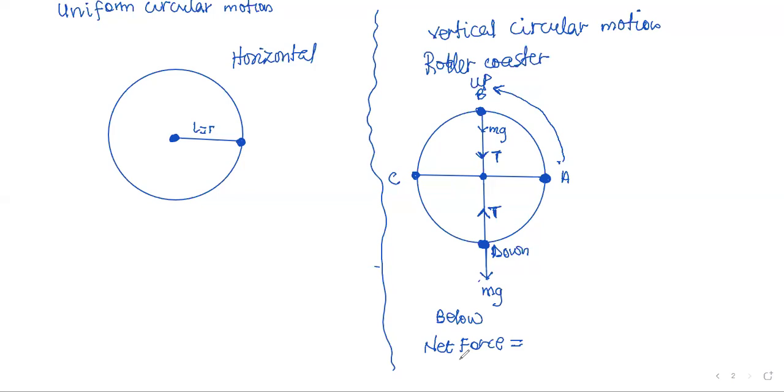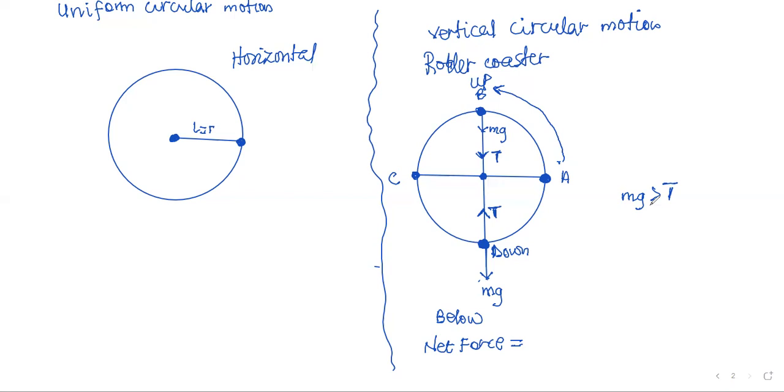Okay. Now, let me also come in. When it's below and mg is greater than the tension in the string, what will happen? The string will stay down. So the net force will be mg minus tension.